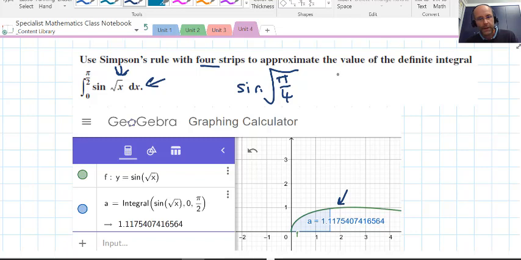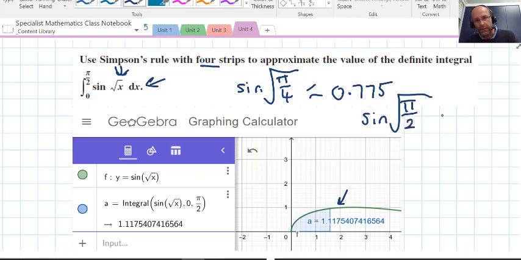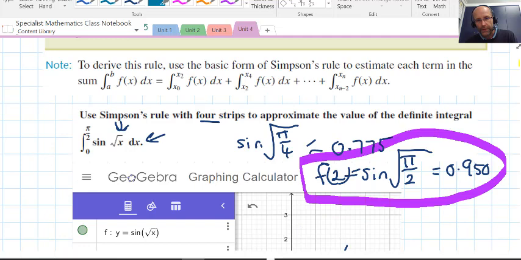Okay, and you would get about 0.775. Okay, so you got to calculate all these. That's just an example, but for that end ordinate, it should have been pi on 2 under the radical sign there. So that's about 0.950 to 3 decimal places there. So in other words, that's what f of A of 4 was, the other extreme.